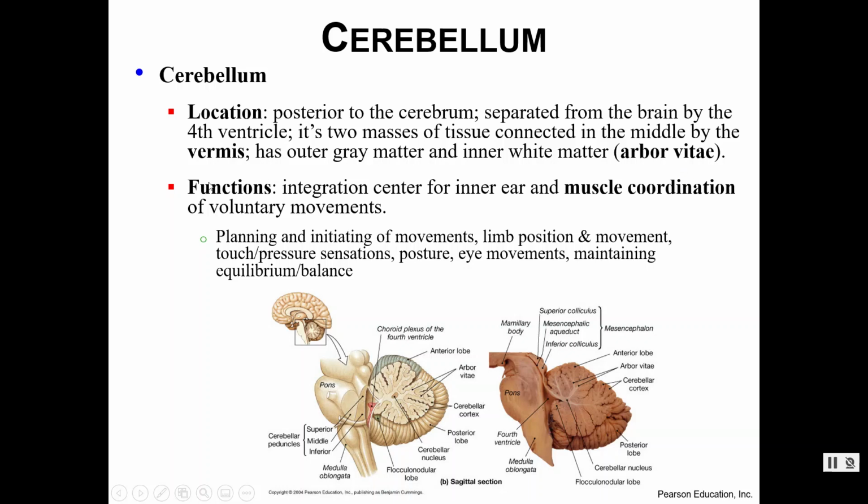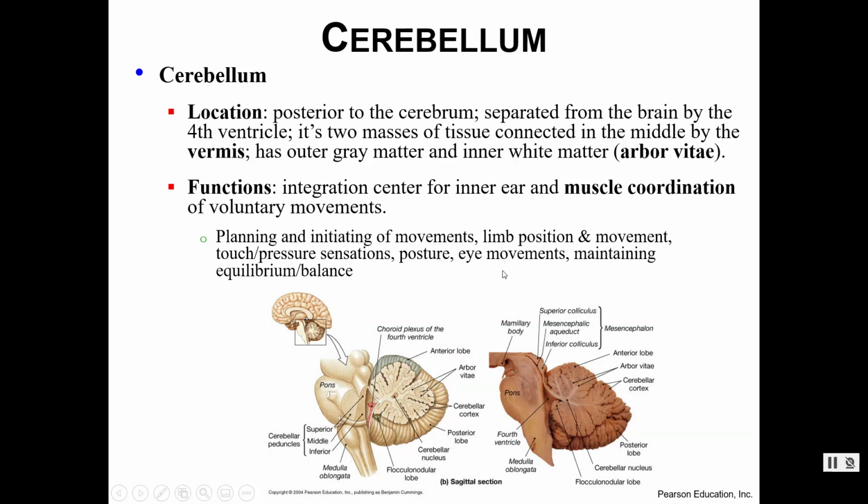What good is your cerebellum? It helps integrate information coming from your inner ear and helps with coordinated muscle movements, the voluntary muscle movements. So this helps us plan and initiate voluntary muscle movements. It helps with limb position. It also helps with touch and pressure sensations. It helps you maintain your posture.